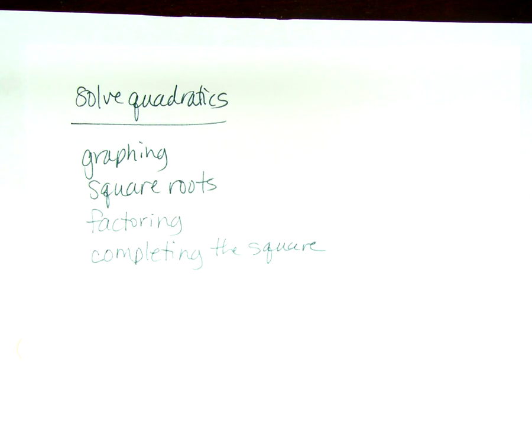So wouldn't it be nice if there was a way to solve quadratics that works every single time? How often as your math teacher do I say always or never? Not very often, right? Because there's usually exceptions to rules, right? Except there is one way to solve quadratics that works every single time. Are you going to show us? I am going to show you.